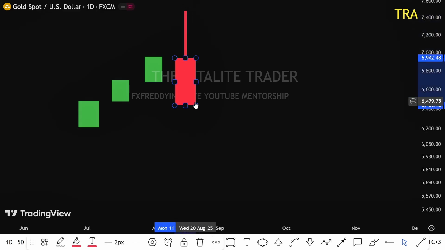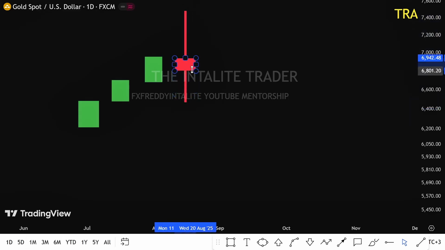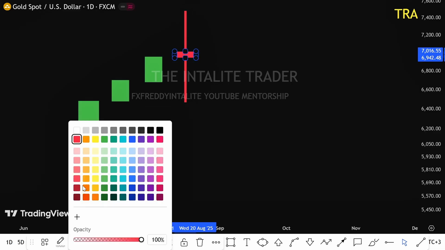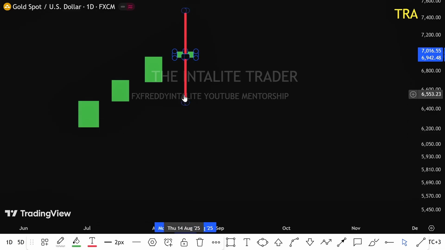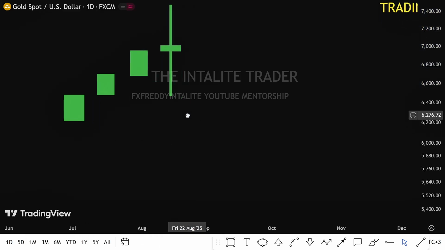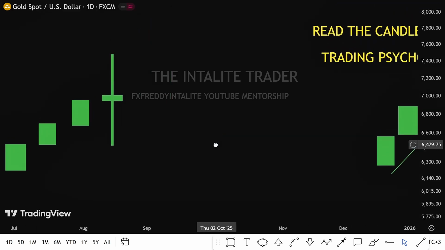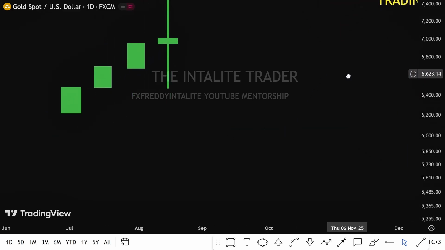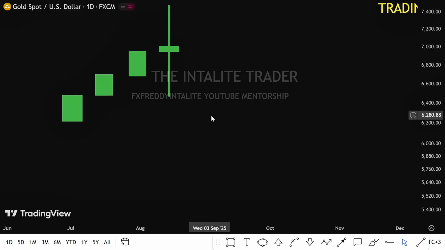Buyers step in to push this price higher, and it closes like this. If you remember in the previous teaching, we said this is a doji candlestick. We shall call this a long wick candle. This still falls under long wick candles.